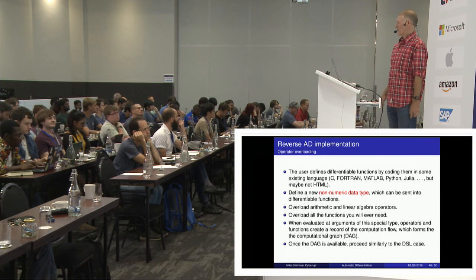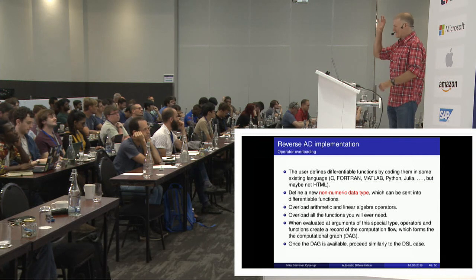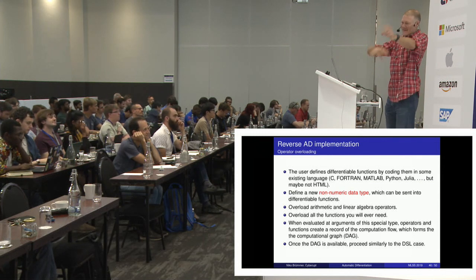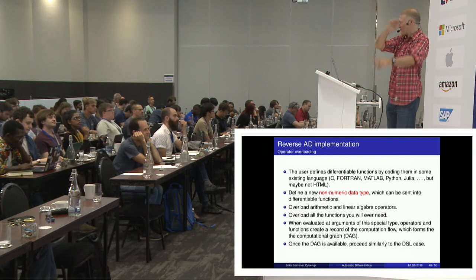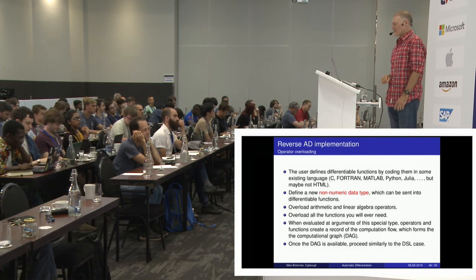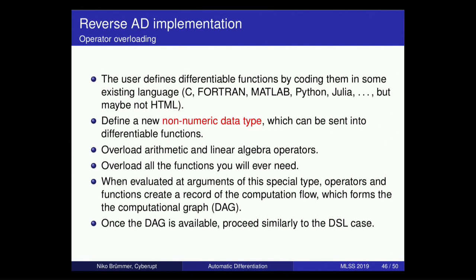If there's a loop, then it's going to basically open up the loop, and the DAG is going to have a node for every iteration inside the loop. I'm sure there are cleverer ways of doing it, but the brute force way of doing it is just like that.